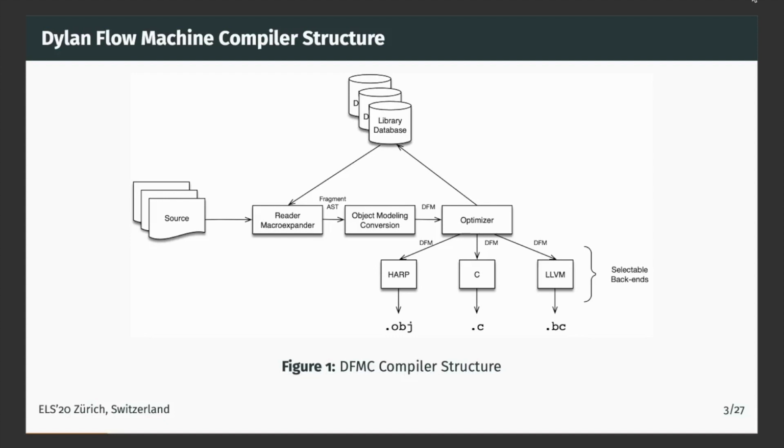After optimization of the DFM code, 3 pluggable backends can transform it into x86 machine language in the HARP backend, C code in the C backend, or LLVM bitcode in the LLVM backend. This output is then compiled if necessary and linked into a shared library by the system linker.